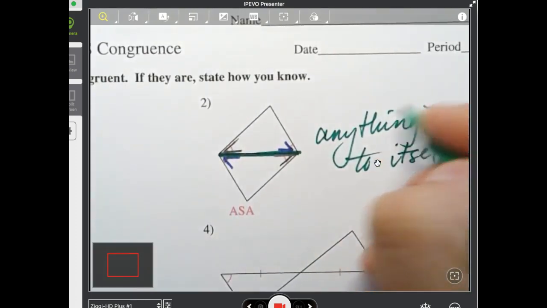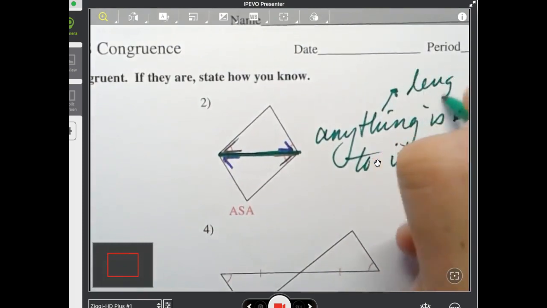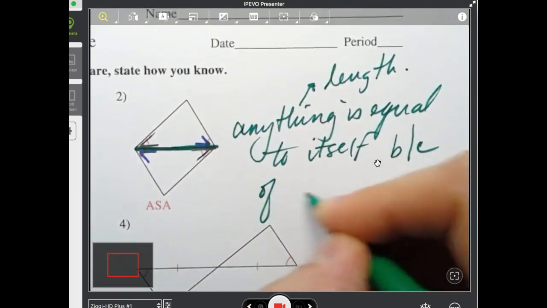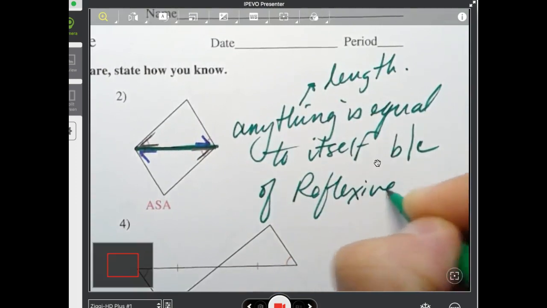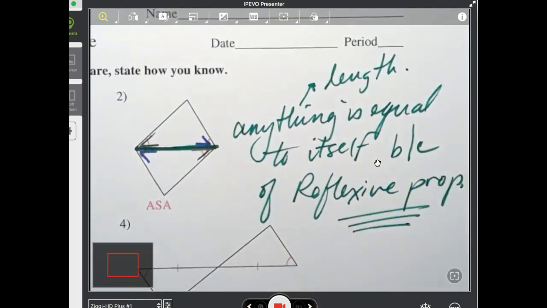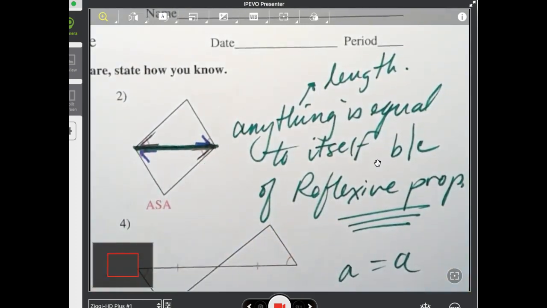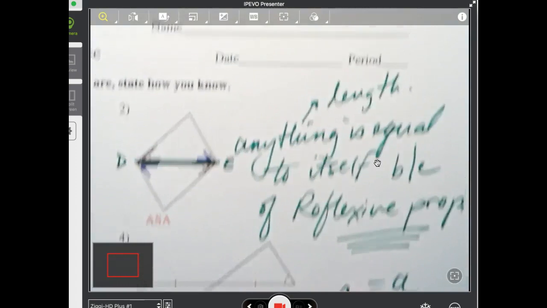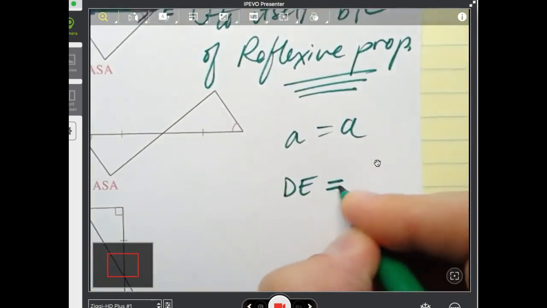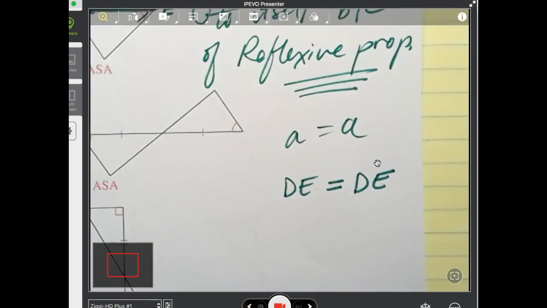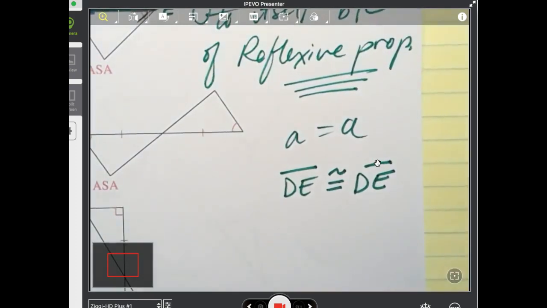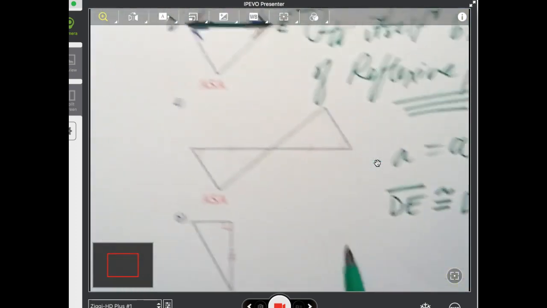Any length, any pure number, anything is equal to itself because of the reflexive property from algebra. Remember, A equals A. So any side here is equal to itself. So if this side was DE, then we could say that DE is equal to DE. The length of DE is equal to DE, or the line segment is congruent to the line segment.